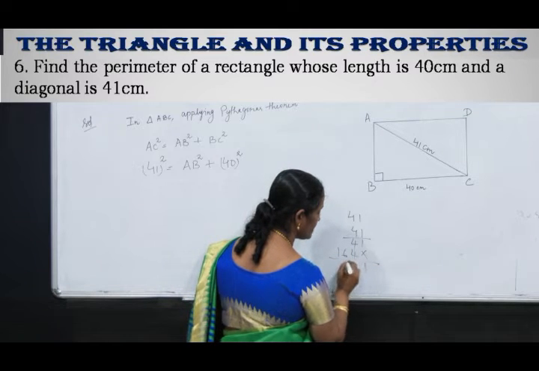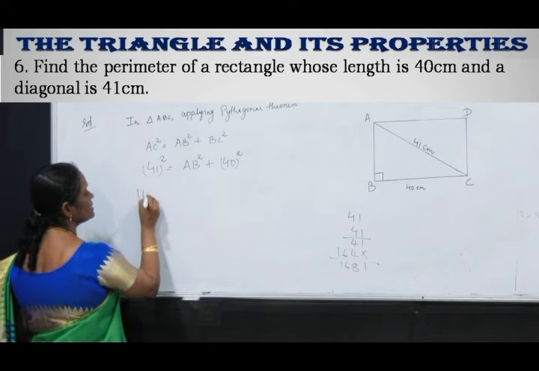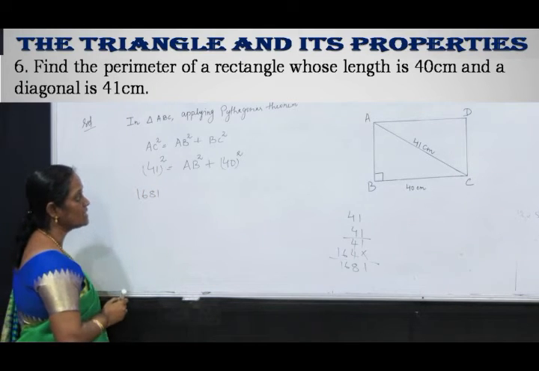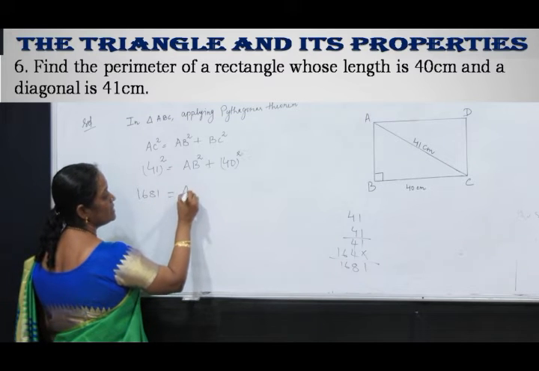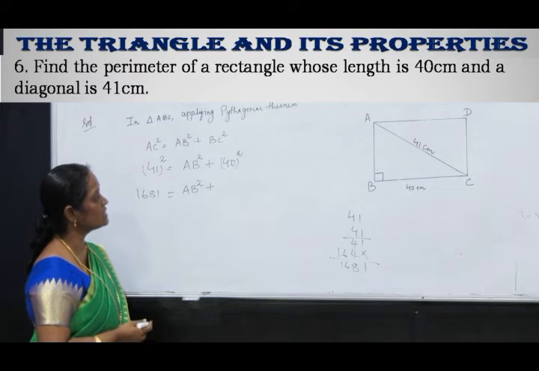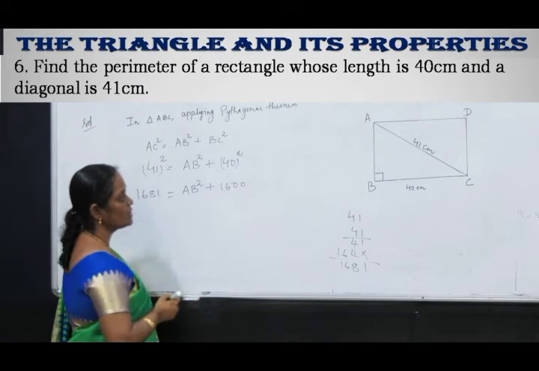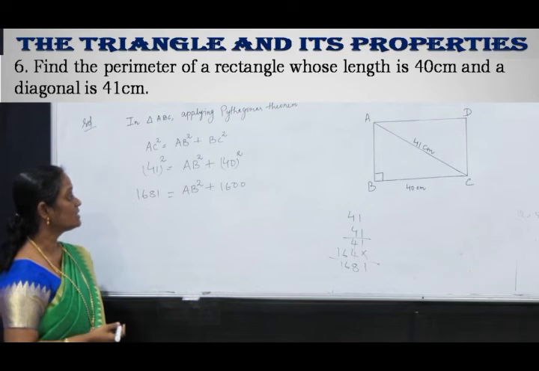It is 1681. So 1681 is equal to AB square plus 40 square. 40 into 40 is 1600.